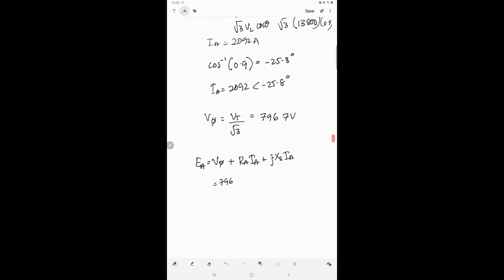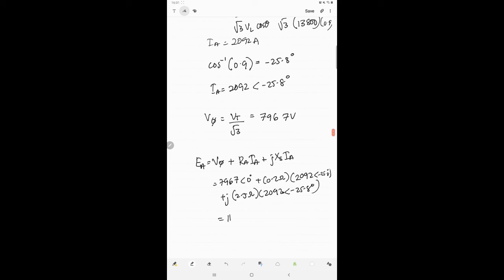That is 7967 plus 0.2 ohm times 2092 at minus 25.8 degrees, plus j2.5 ohm times 2092 at minus 25.8 degrees.